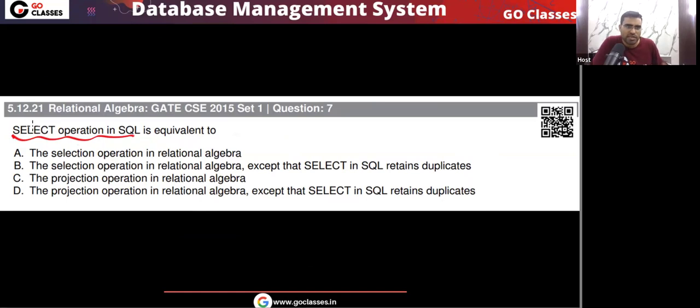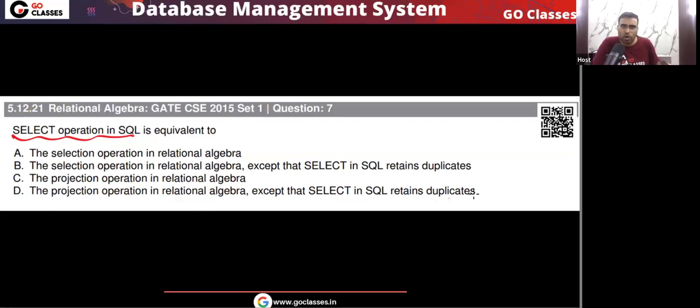So the question is saying, select keyword in SQL is equivalent to what? In SQL, we have the select keyword that is equivalent to projection of relational algebra. Yes or no? But you know that select can have duplicate tuples. But in relational algebra, we don't have duplicate tuples.